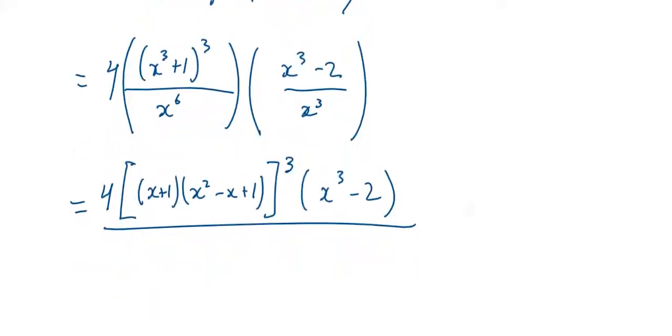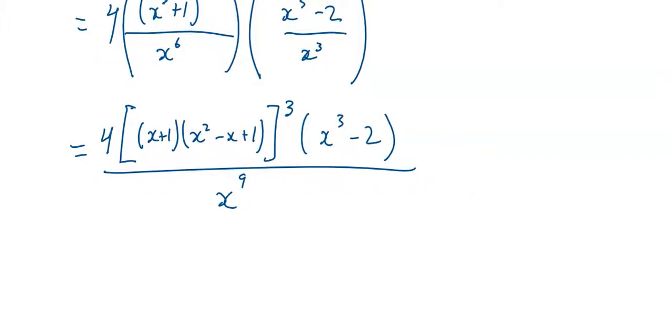And all of that over x to the 6 times x to the 3, which is x to the 9th. And now I just have one step left here. You would usually write it like this.